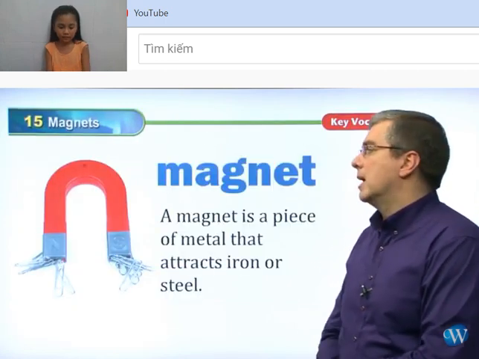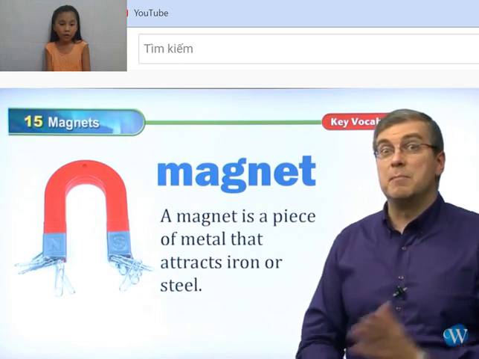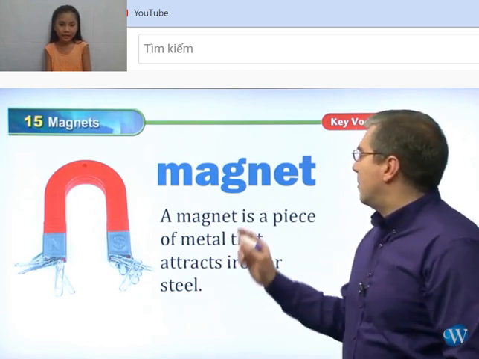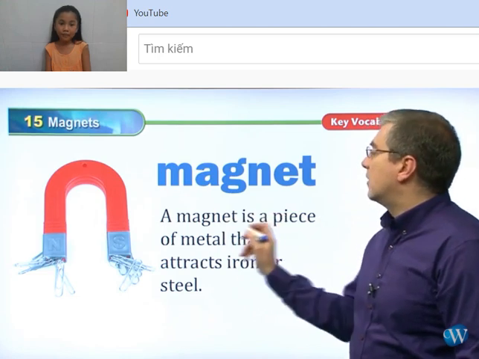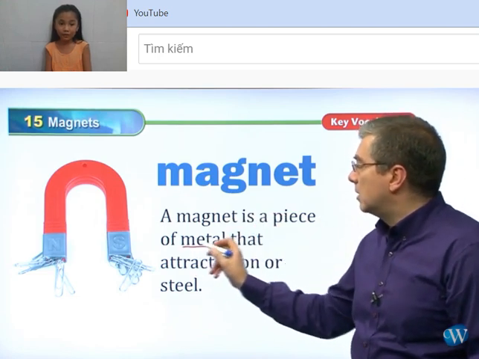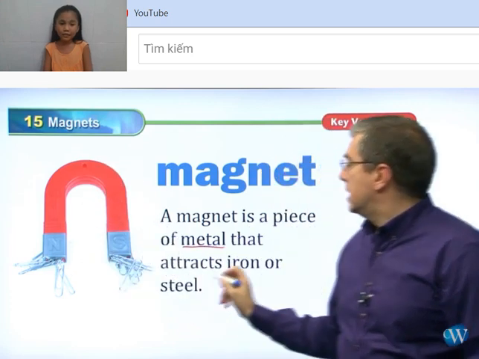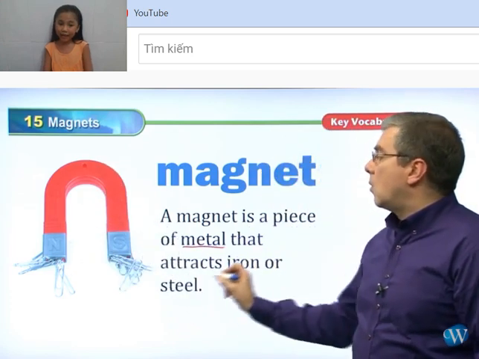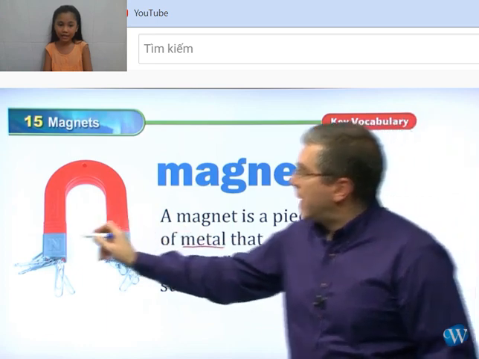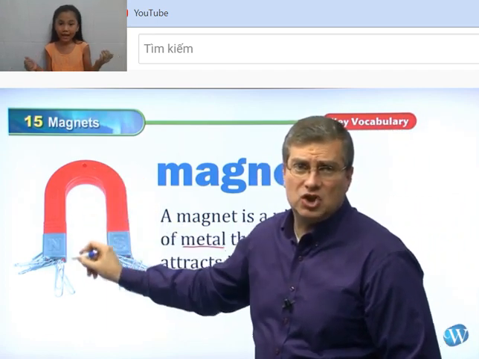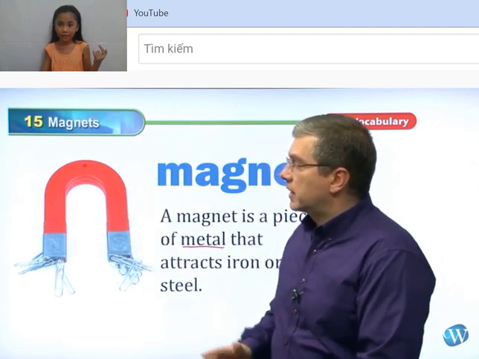So let's get started. The first word we have here is magnets. A magnet is a piece of metal. It's made out of metal, but not only metal, that attracts iron or steel. It attracts things together.